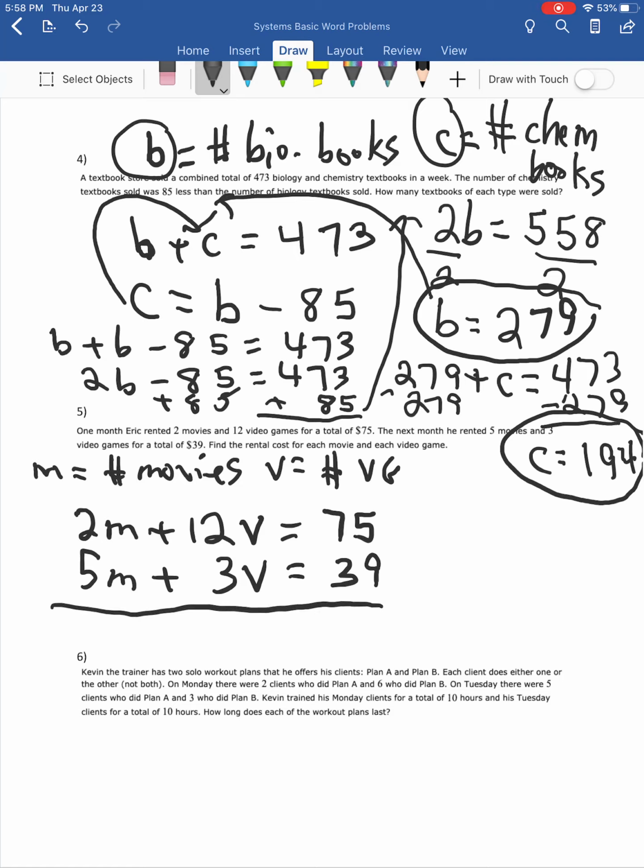So I'm going to use elimination here because if I have a 12 up here, I could turn this into a negative 12 by multiplying the entire bottom by negative 4. So we have 2M plus 12V equals 75.